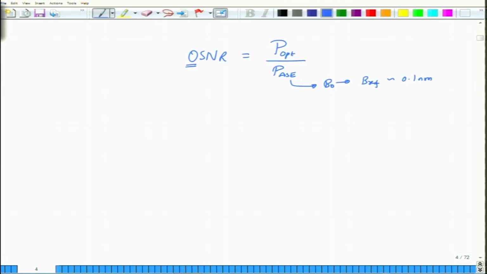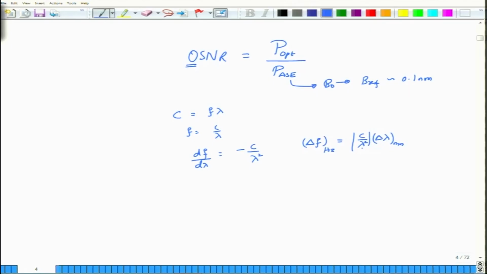Now, how do I convert 0.1 nanometer into delta F? I know c equals f lambda, right. So I can write f equals c by lambda, differentiating both sides with respect to lambda, assuming that they can be varied that way. So you get df/d lambda equal to minus c by lambda square, and then the bandwidth delta F, which is in hertz, is given by c by lambda square, magnitude of course is what you are looking for, times delta lambda in nanometer.